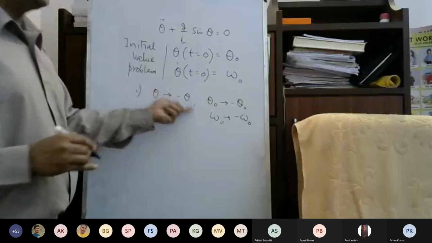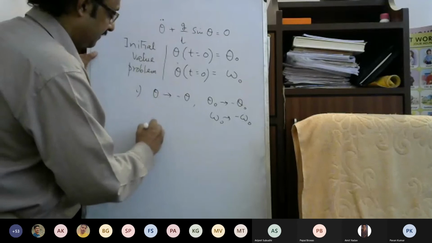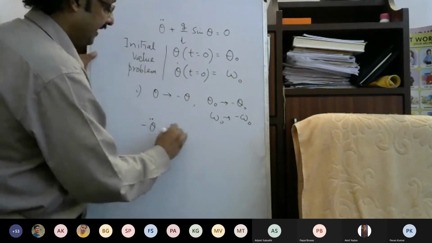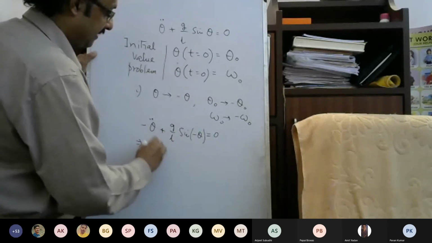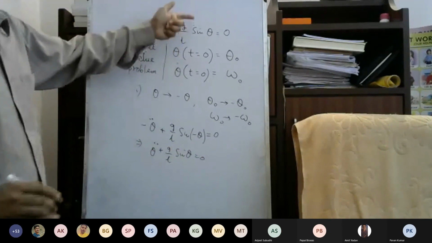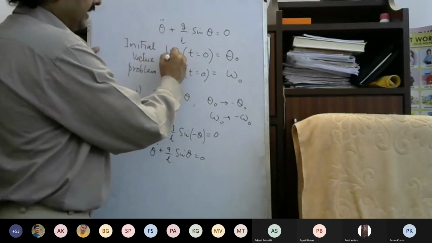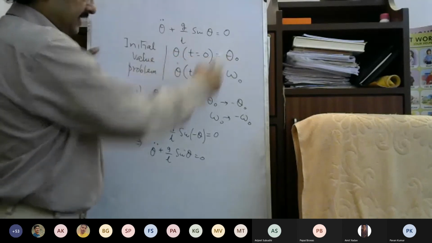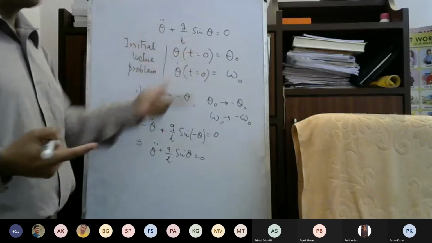If you substitute theta by minus theta everywhere, the equation of motion becomes minus theta double dot plus g by L sine of minus theta equal to 0, and that again becomes theta double dot plus g by L sine theta equal to 0. The equation of motion remains the same. Also, theta at time t equal to 0 becomes minus theta naught, so the initial conditions also remain the same.